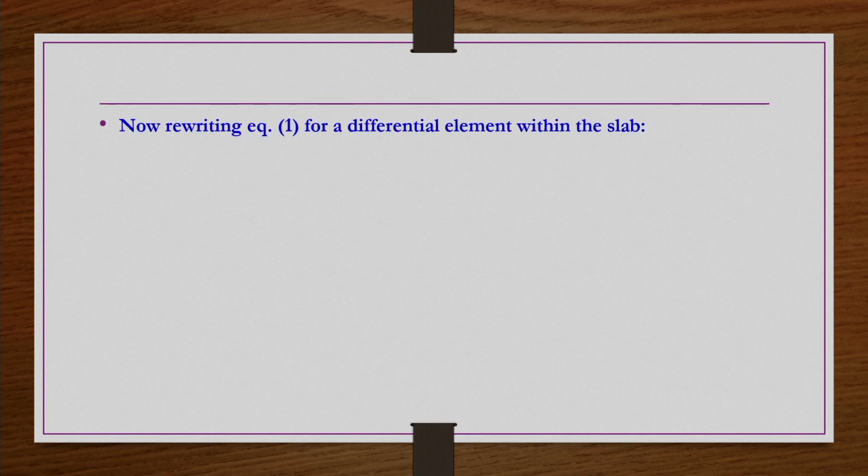Now, if you write the same equation for a differential element within the slab, you can write minus rho DAB dWA by dy. Why is this minus coming? Because we know mass transfer occurs from the higher concentration region to the lower concentration region, and as y increases the concentration is decreasing.